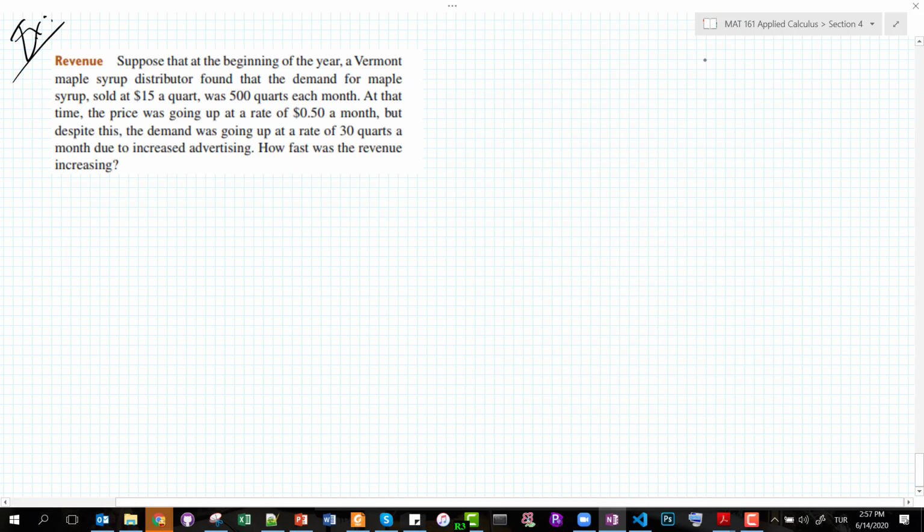Another example from finance. We would like to calculate the revenue increasing rate. We have the rates of change of demand and price, but we don't have their functions. But what we know is that revenue is the demand times the price.